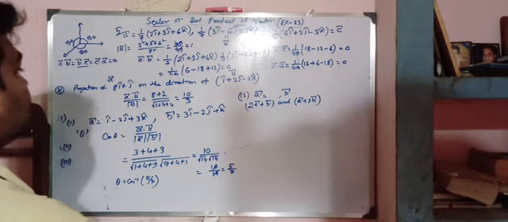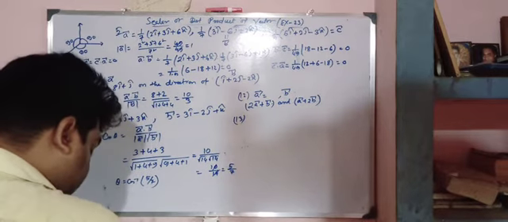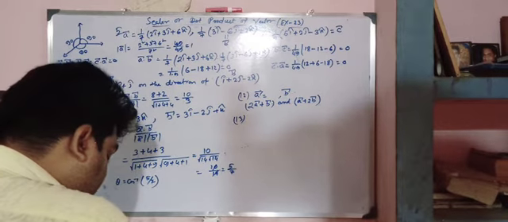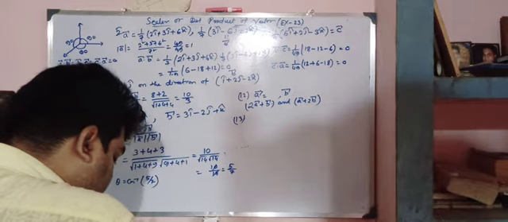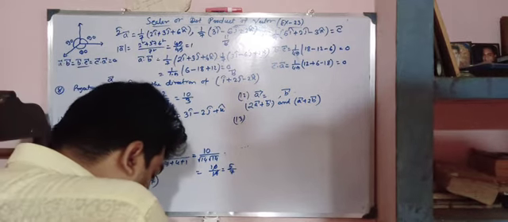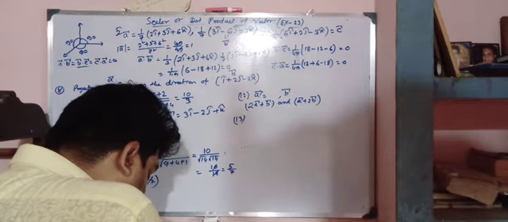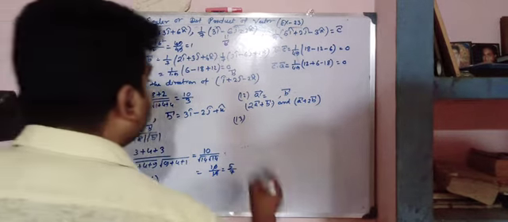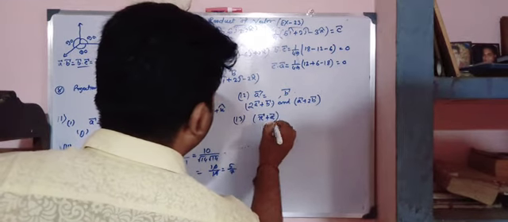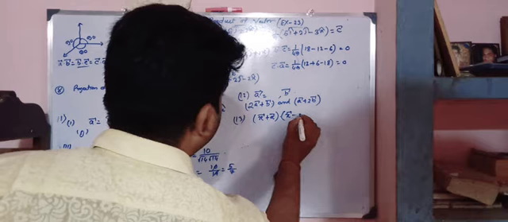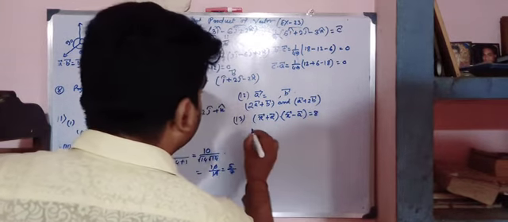Question number 13. If A vector is a unit vector such that x plus A dot x minus A is equal to 8, find the absolute value of x. Now it is given that A is a unit vector and x plus A vector dot x minus A vector is equal to 8.